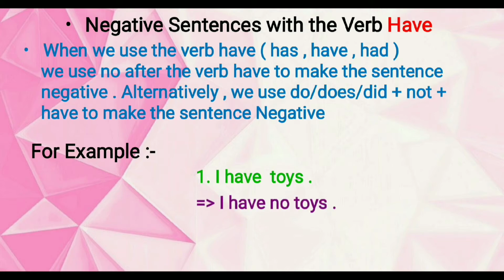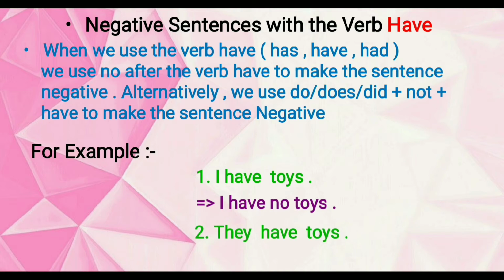Or if we want to write this sentence with not, it will be I do not have toys, right? So with have, if with the subject we want to use do, does or did, we use not after do, does and did and then write have. It reflects the negative sentence, right?